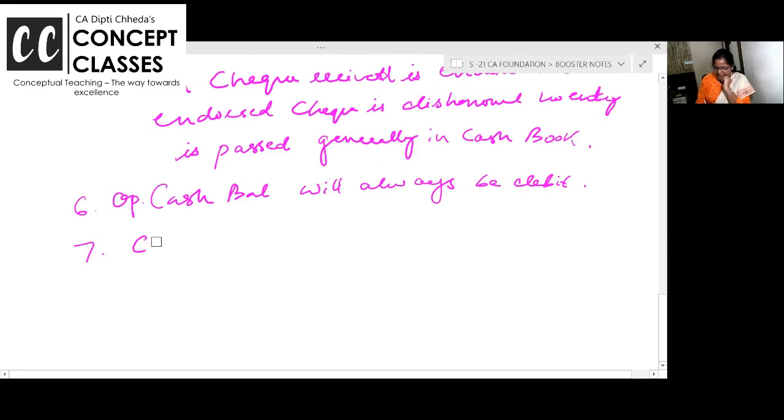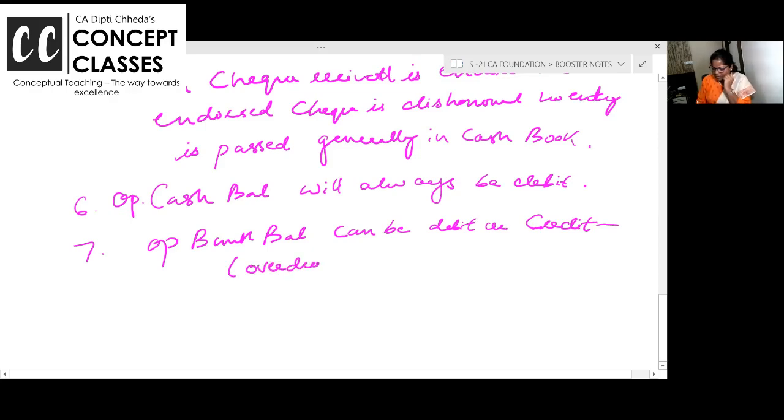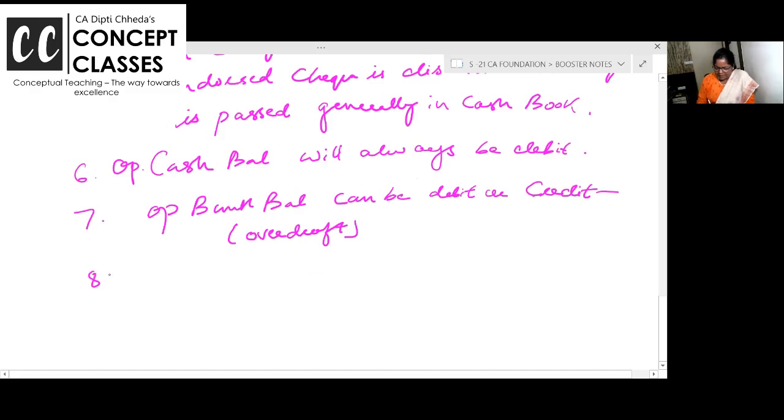Opening bank balance can be debit or credit. Why credit? Credit means it's an overdraft. Opening cash balance will always be debit, opening bank balance can be debit or credit. And next one.